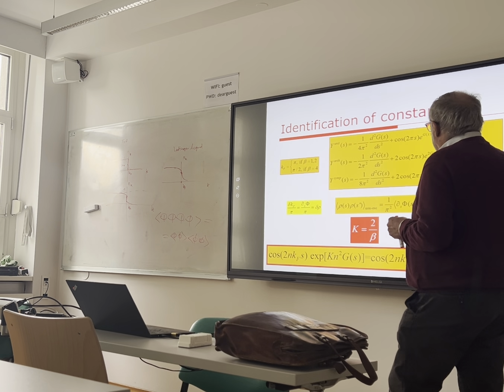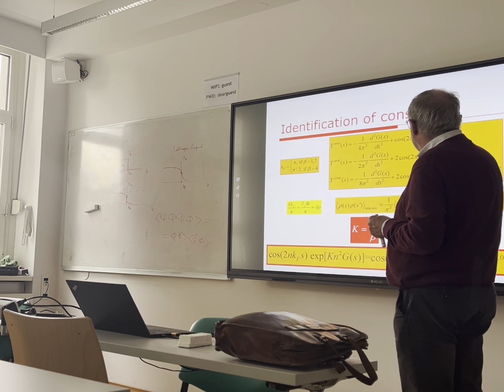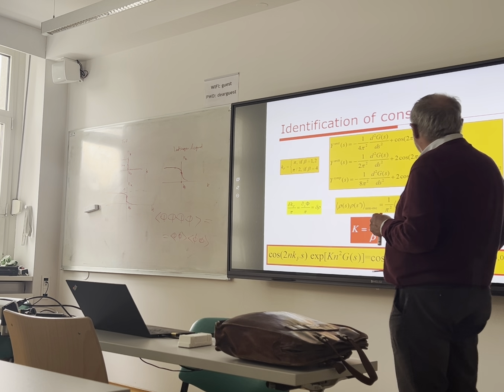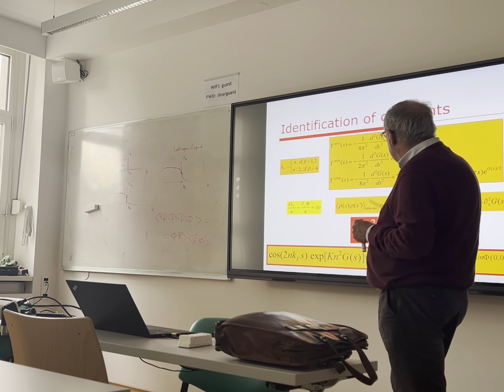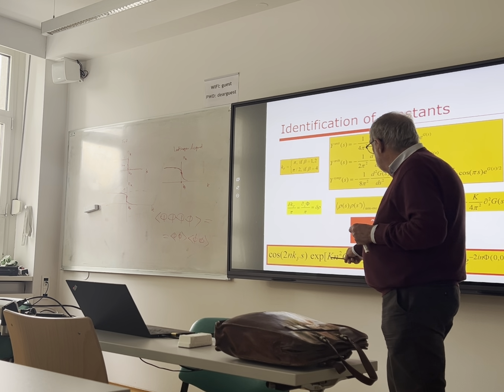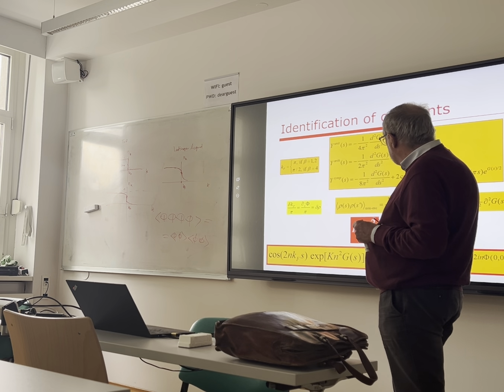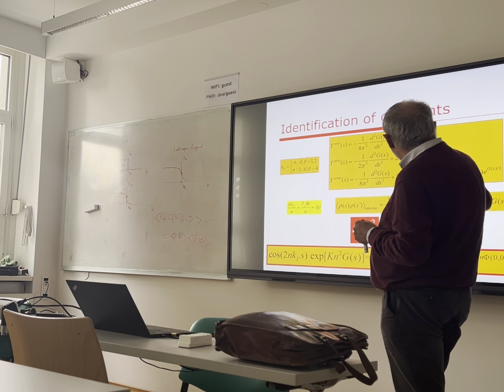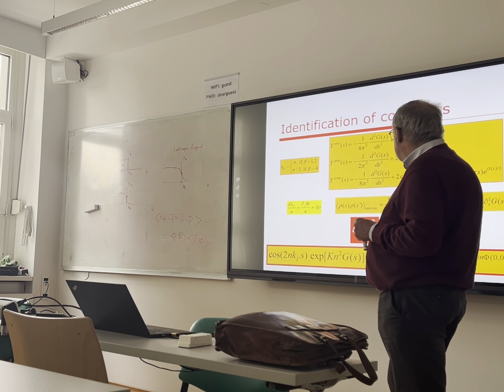Now, if I go to the orthogonal case, it's again the first harmonic, so n is equal to 1, but now k is equal to 2. And I have indeed 2, so this is just k for the orthogonal case.